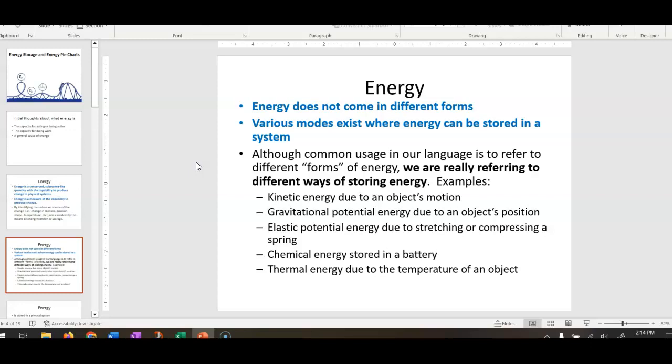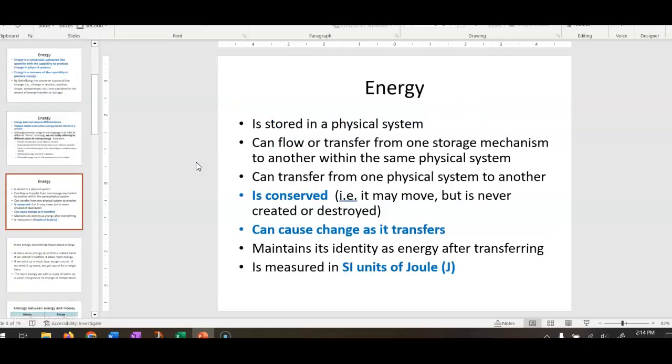Or gravitational potential energy is energy that's stored by the object's position above the earth. Things like that. So, try to remember that really all of these energies that are stored in different methods are in fact the same thing, right? So energy does not come in different forms.